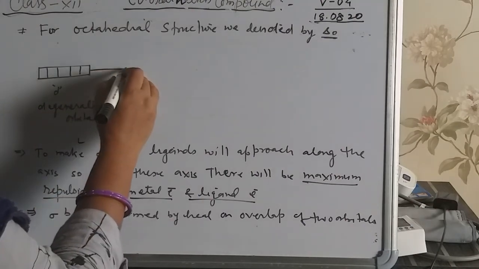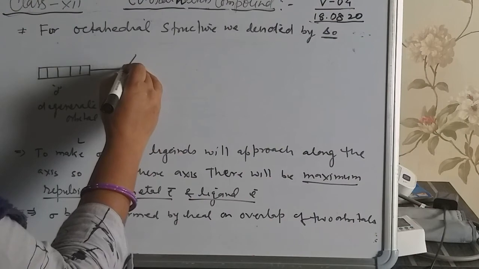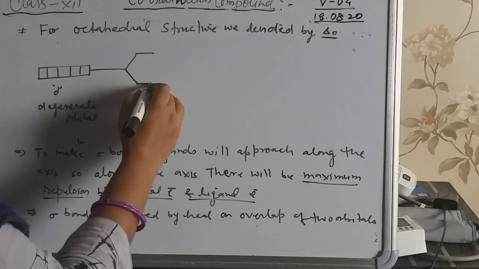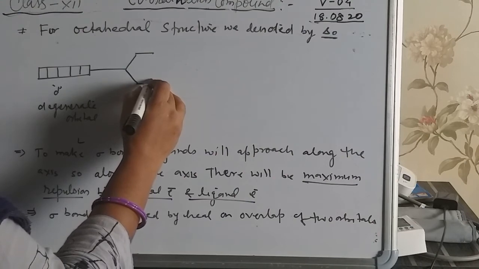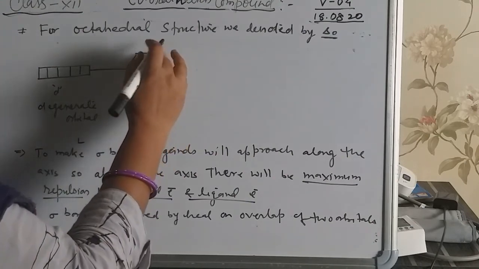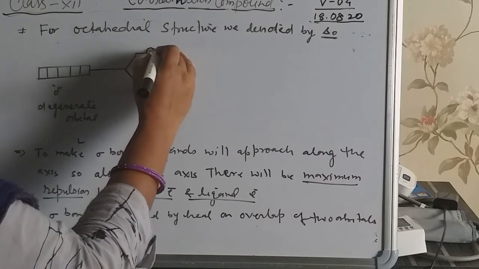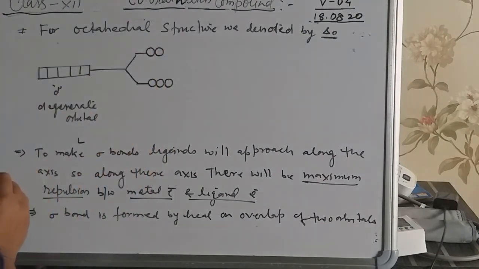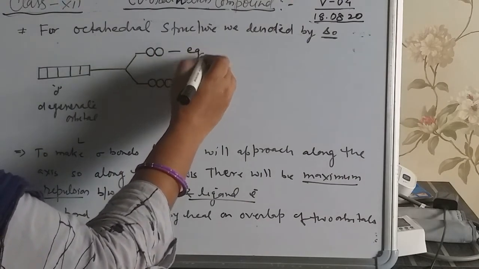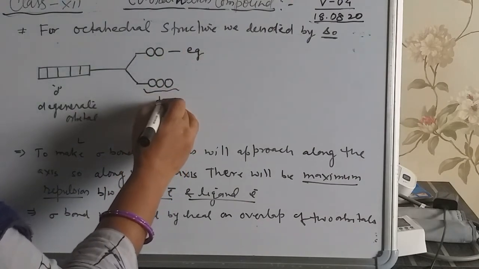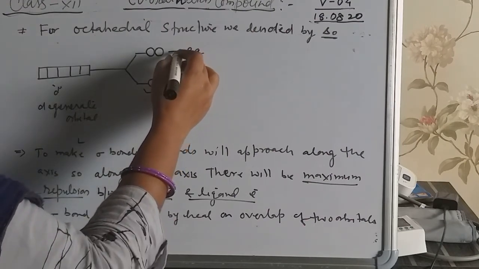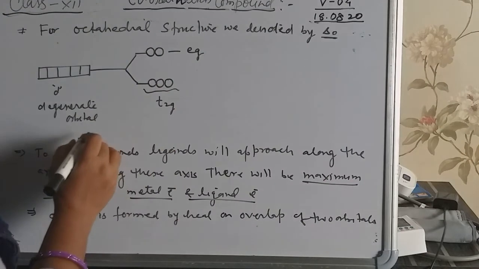When ligands approach, they divide into two parts: 3 orbitals on the lower side and 2 orbitals on the upper side. This is known as Eg and this is known as T2g, triply degenerate orbitals and doubly degenerate orbitals.